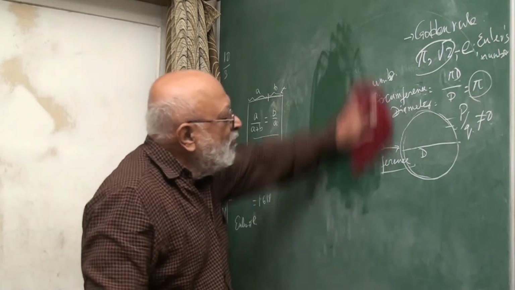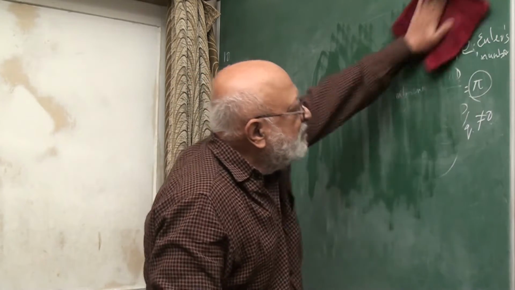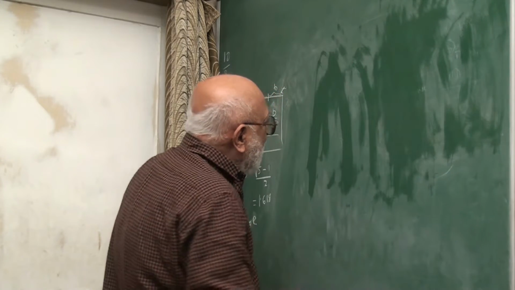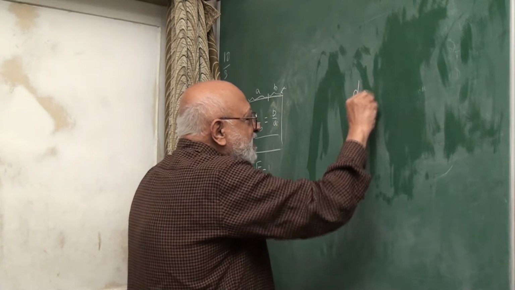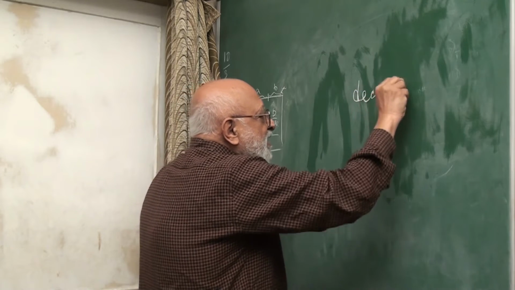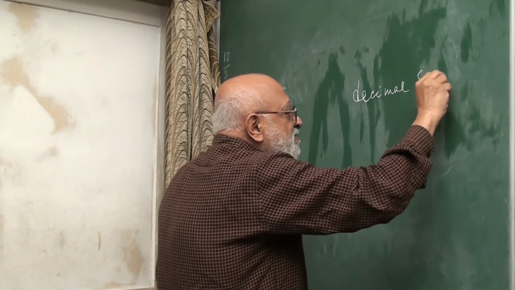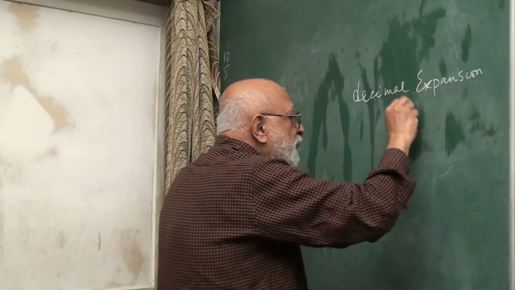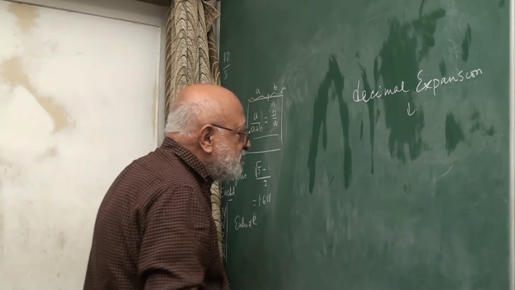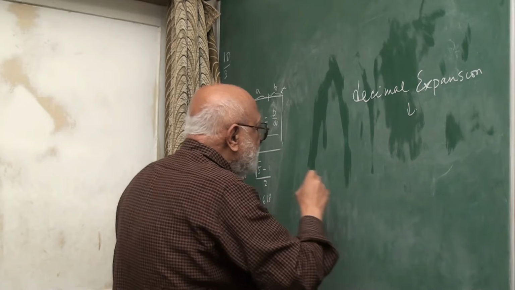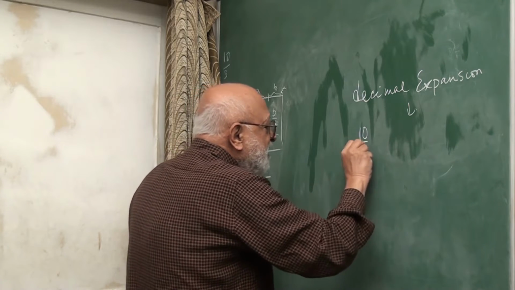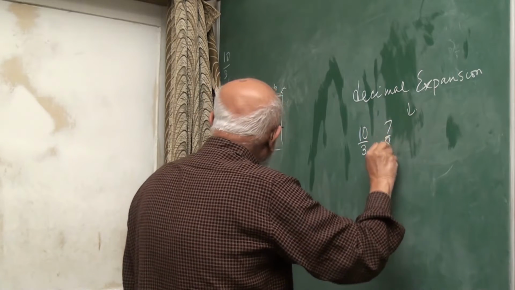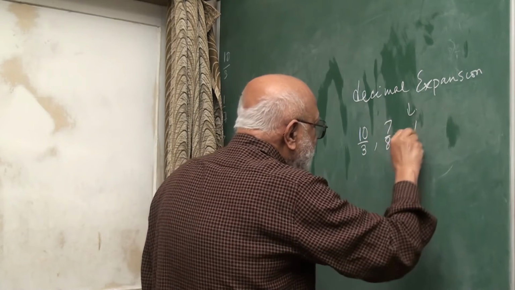So one of the ways of distinguishing between a rational and an irrational number is called decimal expansion. What does it mean? So what you do, you take a fraction. Let us talk about fractions. We will take 10 by 3, let us say 7 by 8, and let us say 1 by 7.